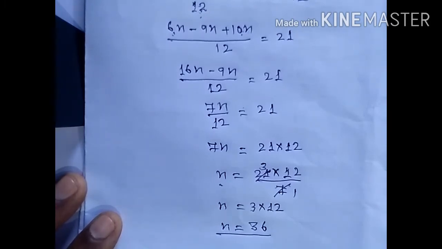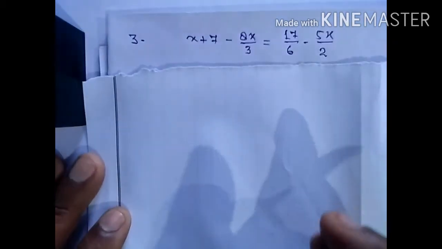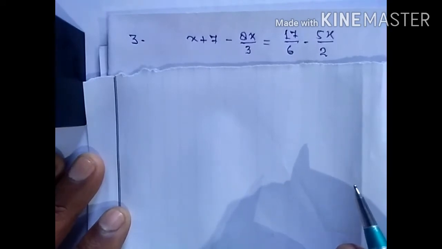Now we will solve question number 3, student. This is question number 3, students, and in this question x plus 7 minus 8x by 3 is equal to 17 by 6 minus 5x by 2.